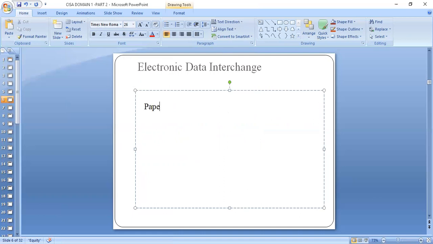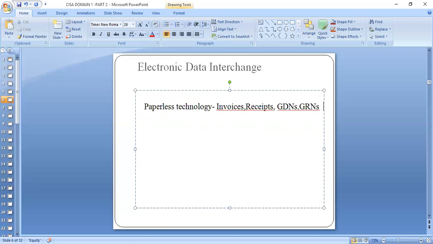Okay, EDI is paperless technology, and the idea is that we want to be able to transfer documents easily: invoices, receipts, goods delivery notes, goods received notes, and so on.